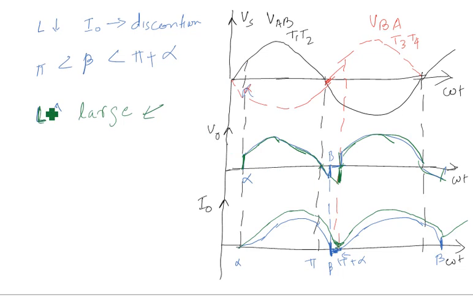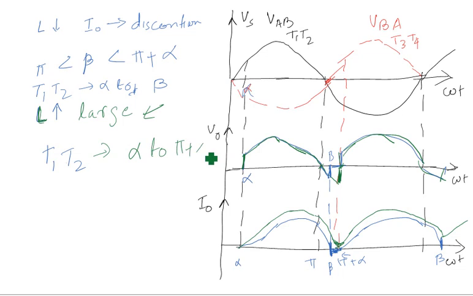During discontinuous conduction, T1 and T2 operate from alpha to beta, while when your inductor is large, T1 and T2 operate from alpha to pi plus alpha. So this is the difference.